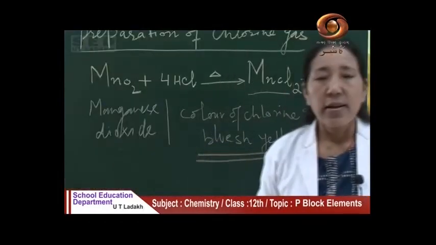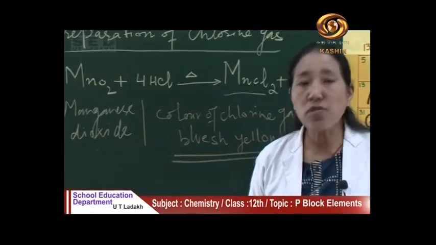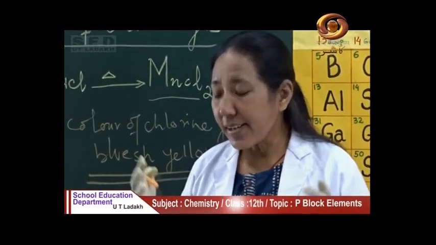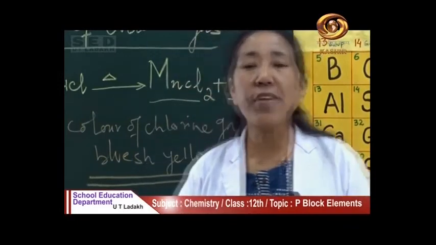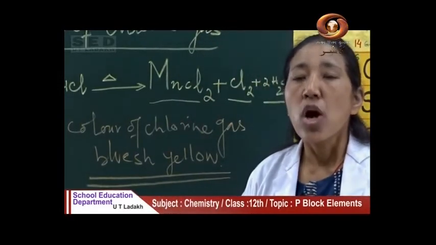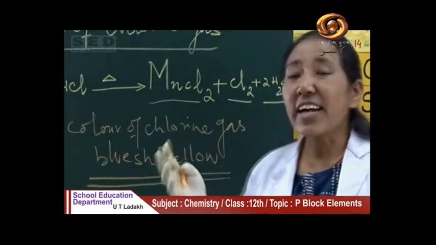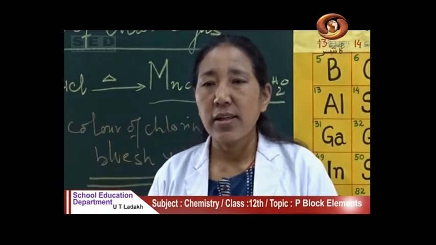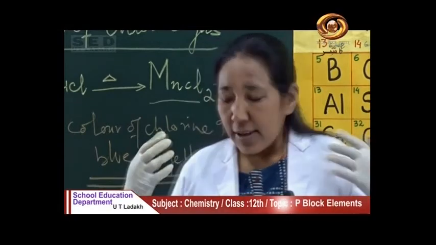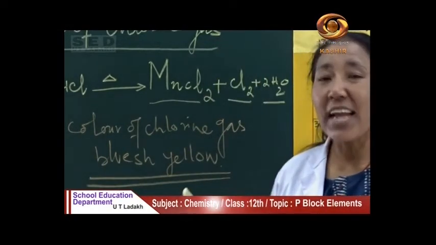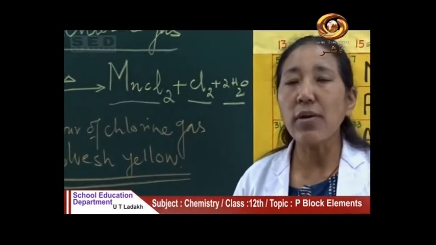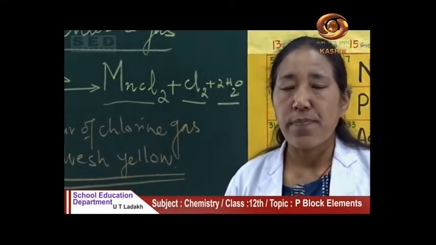It is used for disinfection of water, and it is used for the manufacture of HCl. It is also used in the textile industry, and as a chemical reagent in our laboratories.